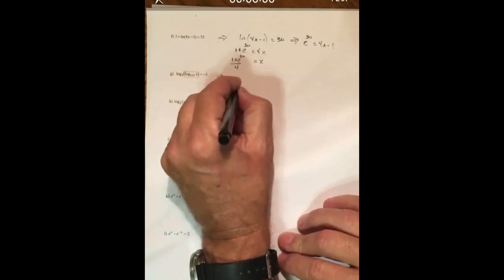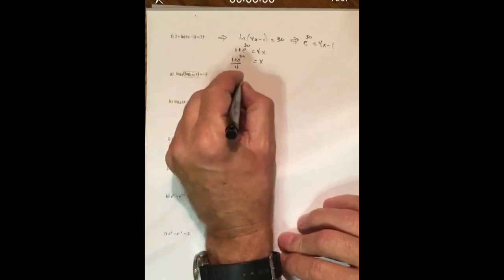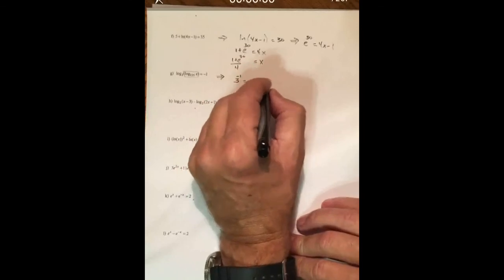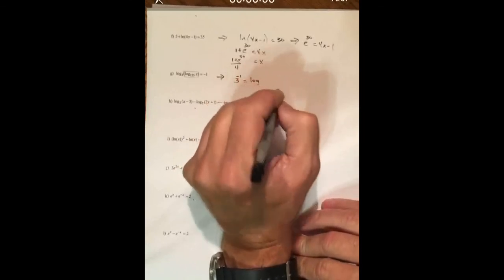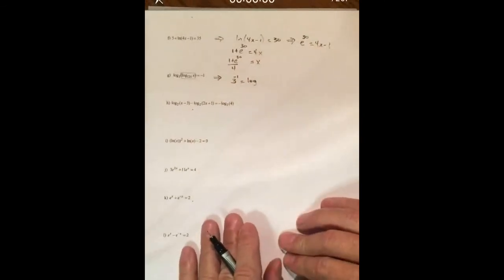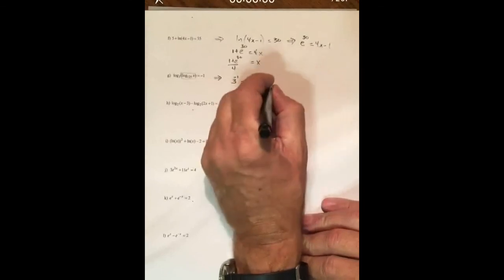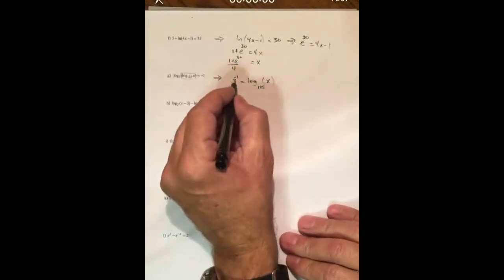So the base would be 3. The exponent's minus 1. And that's going to be log. Now, am I reading that correctly? That's log base 125 of x. Well, now that's 1/3.